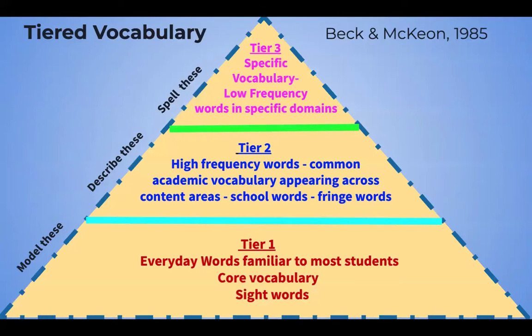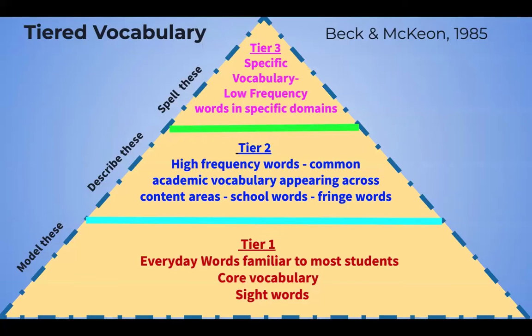So many of you have probably seen or heard of the tiered vocabulary model. And so when we are talking today, we're thinking of tier 1 words as those everyday words familiar to most students, core vocabulary, sight words, and those are the ones we're going to be teaching explicitly and modeling. Those tier 2 words, we're going to be thinking about how we can talk about those words with the core vocabulary we currently have.